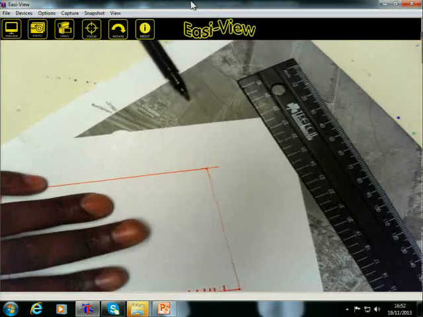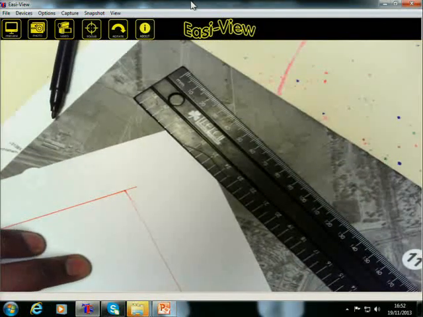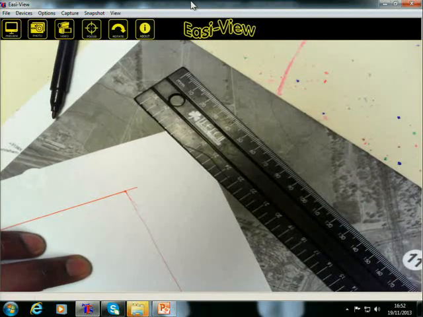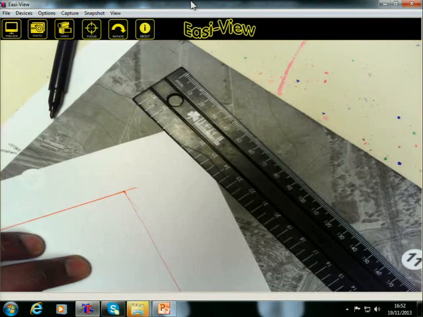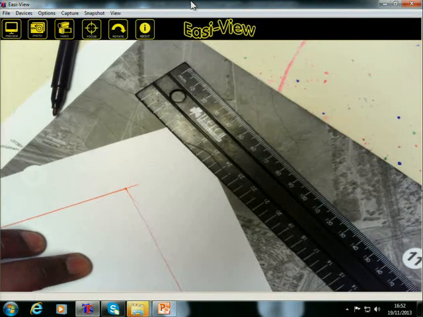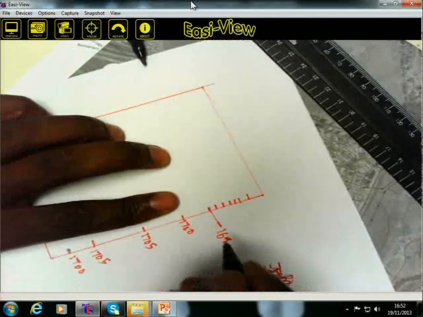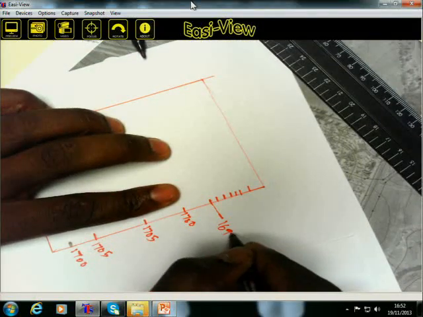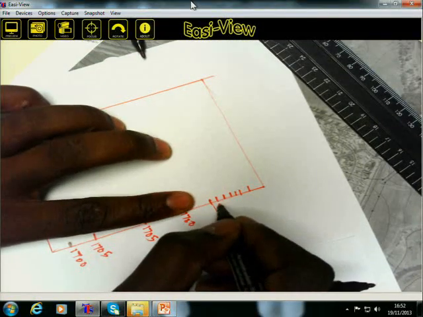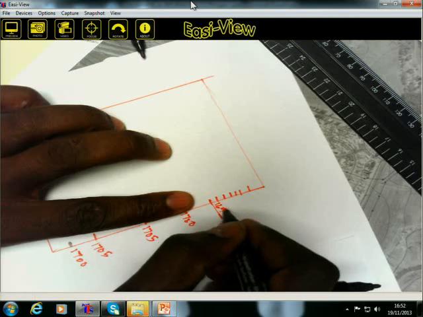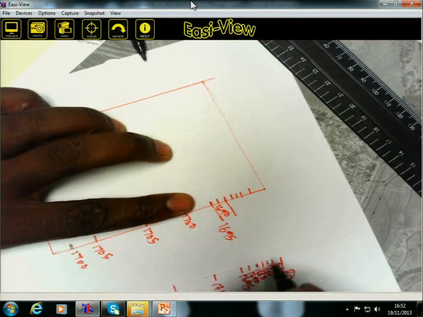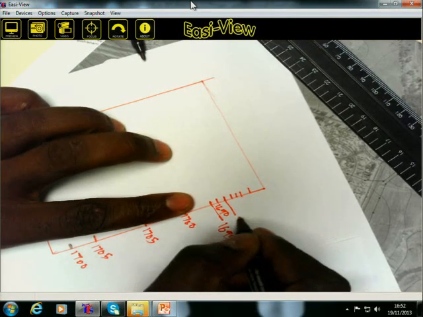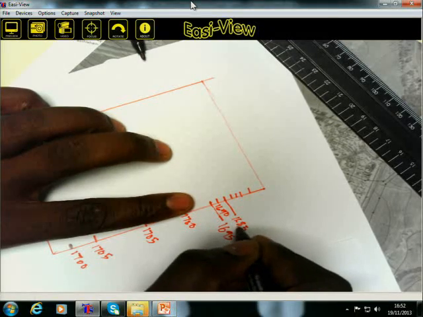Now I must use my mind: when I arrive here, I'll make the first one longer so that it becomes 1695. Then the next one is 1690. Then I'll make this one longer, which is 1685.